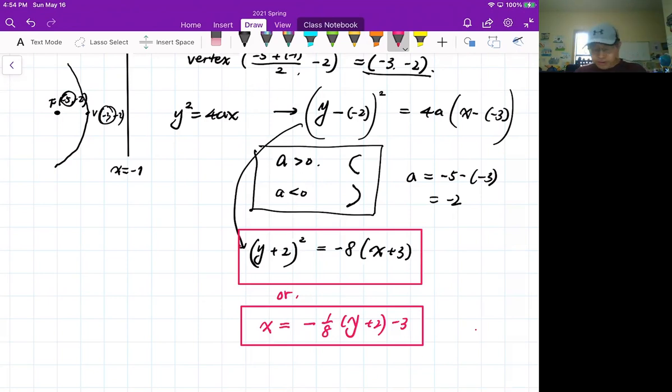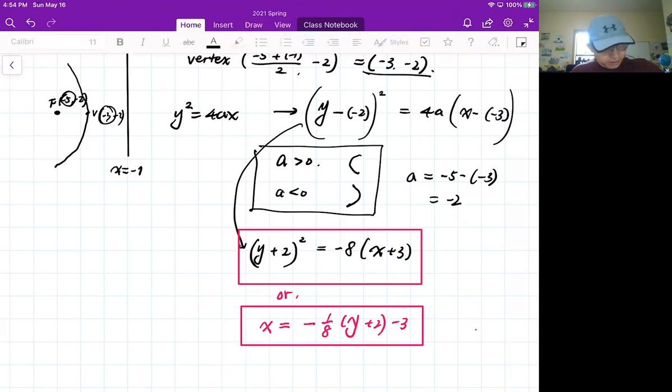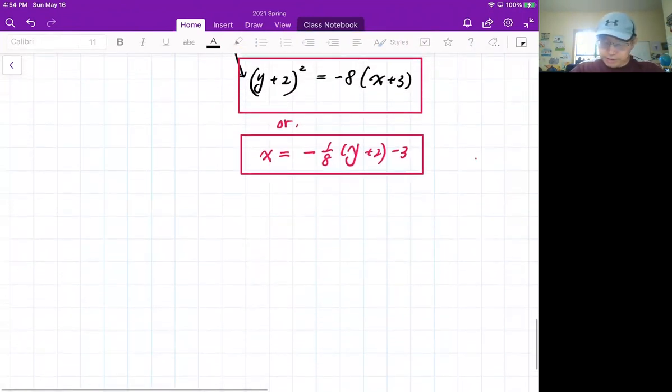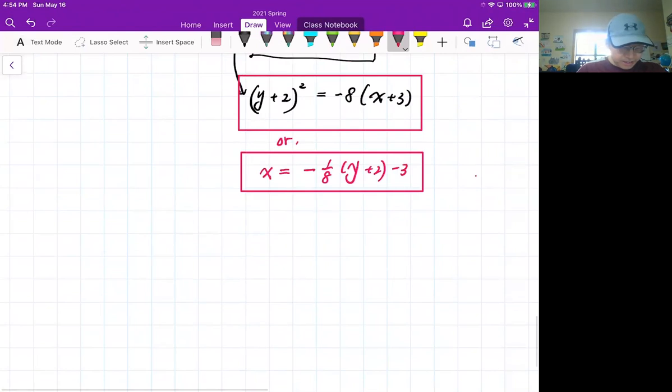Okay, next one we're going to do, let me give you one example. So suppose we give you an equation like the general equation. I want to give the general form of the equation.